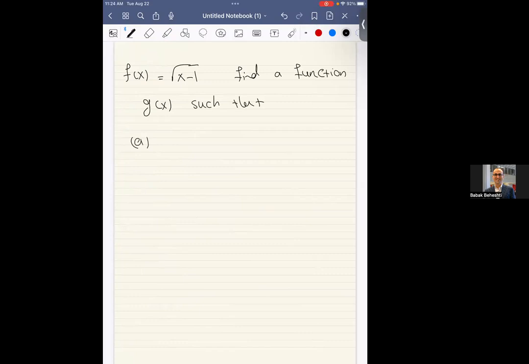Part A, f of x times g of x equal to 3x. Part B, g of f of x equal to 5x plus 1.